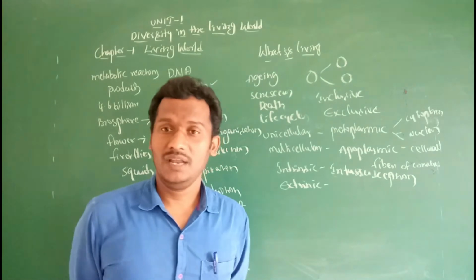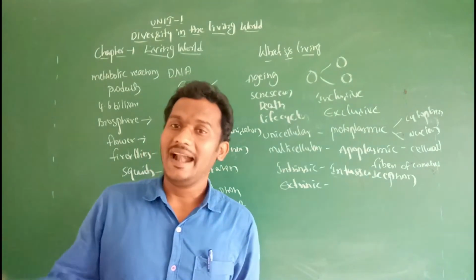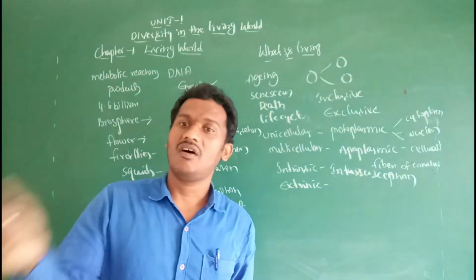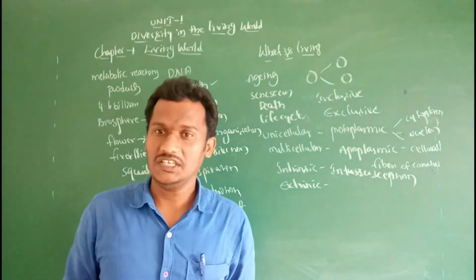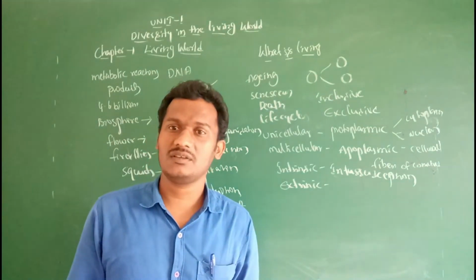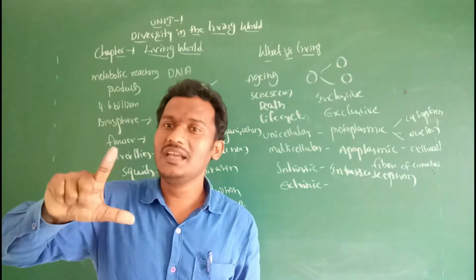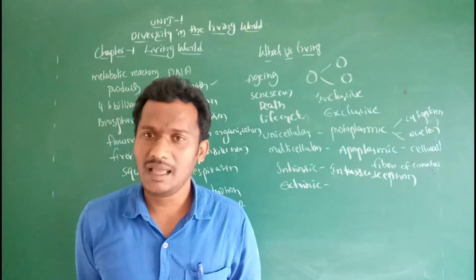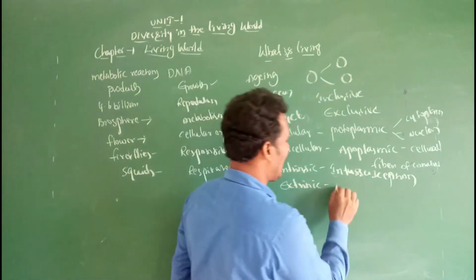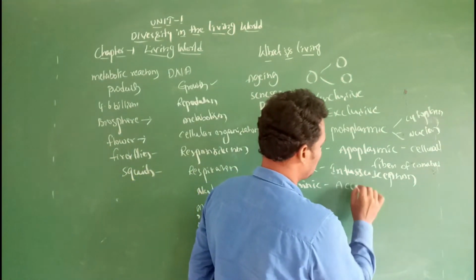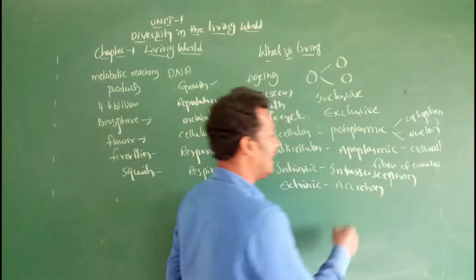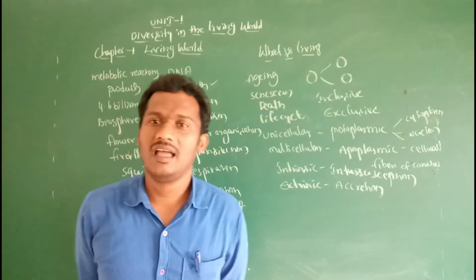In these non-living things, growth occurs by addition of materials on the surface, accumulation of some substances on the surface, so the size of these materials increases. This is known as accretion.